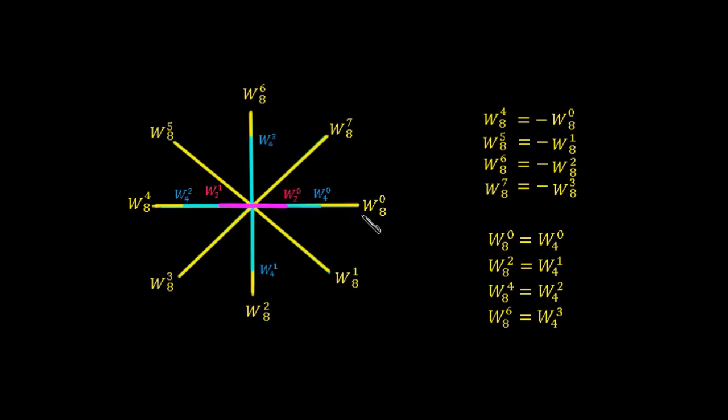We could also say that our W8^0 would be the same as W4^0, would be the same as W2^0, and also our W8^2 would be the same as W4^1, and our W8^4 would be the same as W4^2 and W2^1, and our W8^6 would be the same as W4^3. So it's easy enough to pick out from this diagram the equalities here with our phasors. So let's continue and we'll work through the derivation of the 8-point DFT.